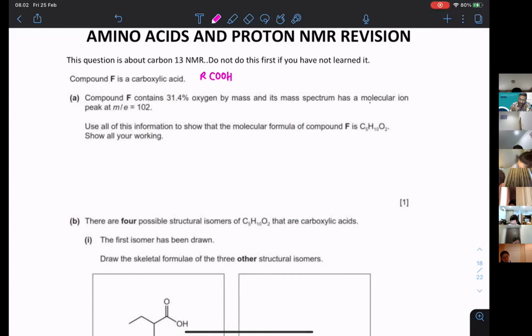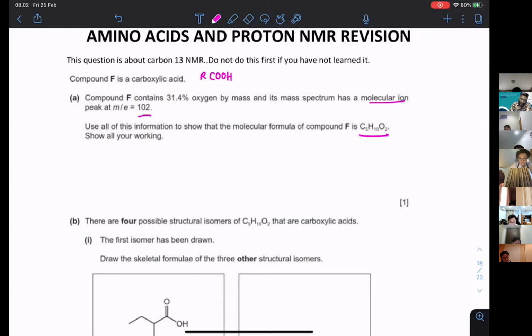Molecular ion is going to be 102. So use this information to show the molecular formula is this. So if I look at oxygen 31.4, and then hydrogen carbon, we don't know yet. So use this information, molecular ion, RCOOH.